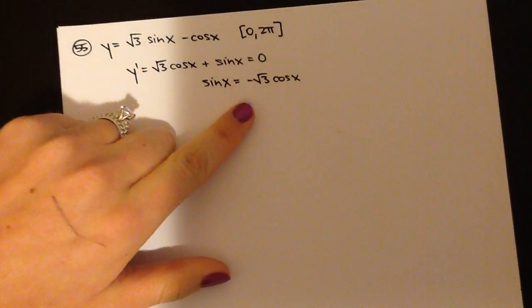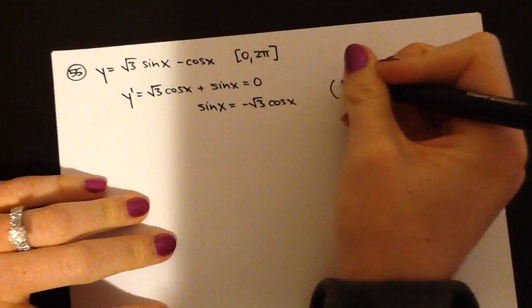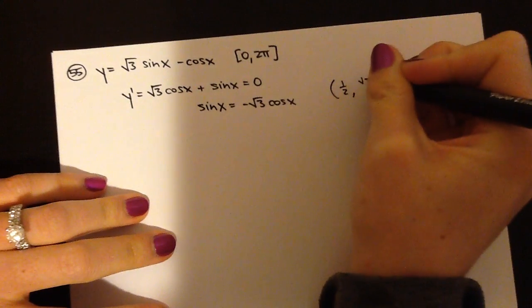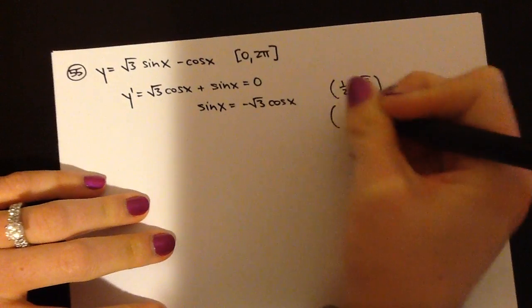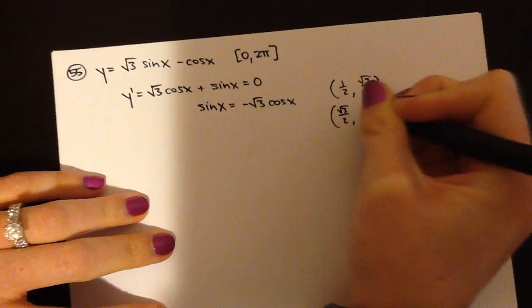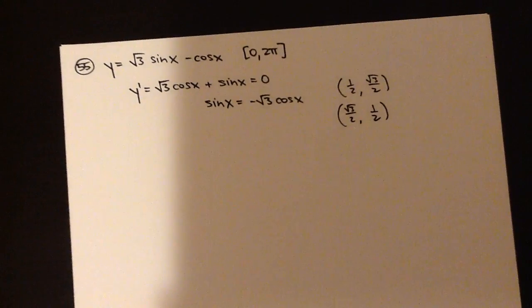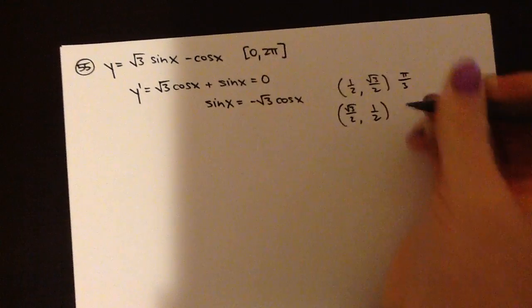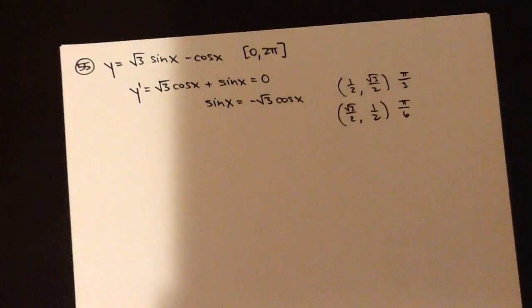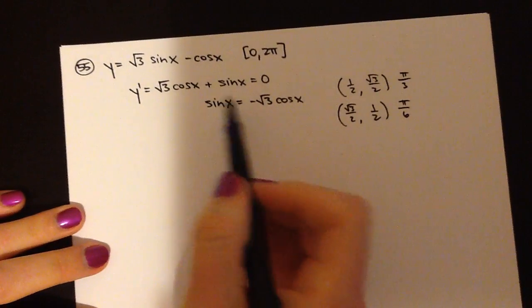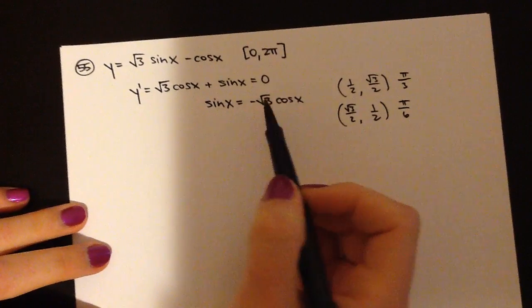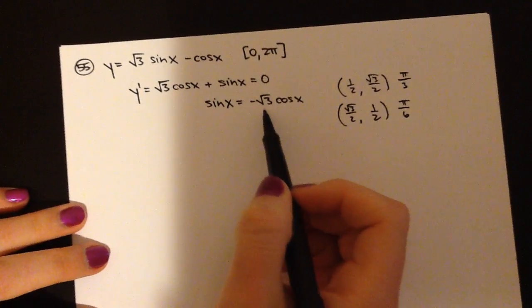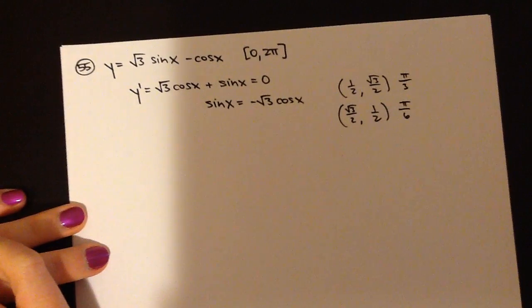We've also got these different pairs where you've got a 1/2 and a root 3 over 2, or a root 3 over 2 and 1/2. The 1/2, root 3 over 2 happens at all of the pi over 3 family members. And the root 3 over 2, 1/2 happens at all the pi over 6 family members. So what this is saying is we want the value of sine to be negative root 3 times the value of cosine.